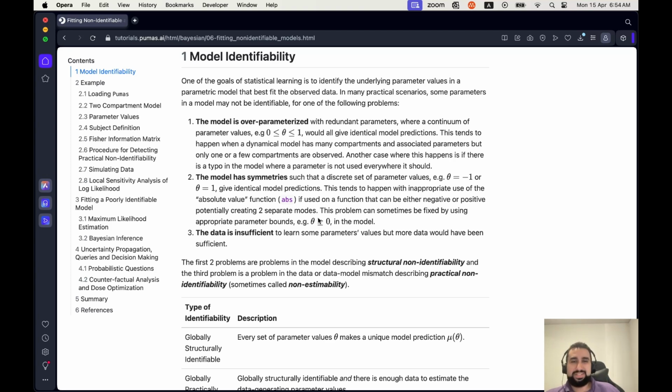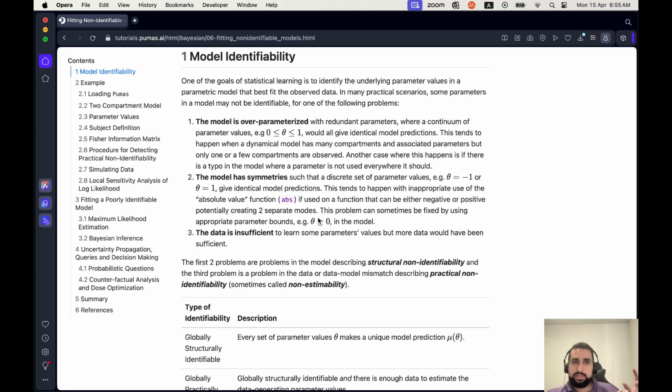And this could be either by simplifying the model so that I don't have multiple parameter values, all of which give me the same output, which shows maybe that my model is overcomplicated. Or it could be by observing more data. So maybe if I can observe some more responses, I can make some parameters identifiable. So that's kind of the idea.